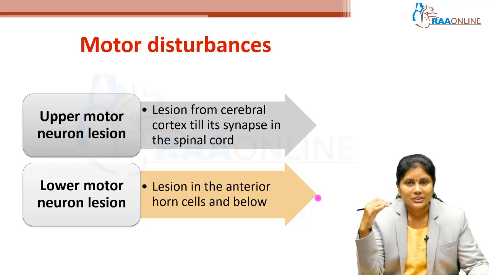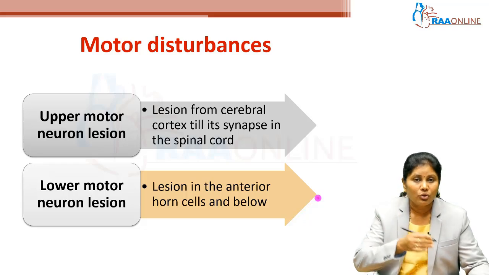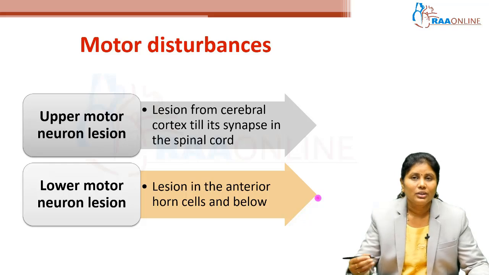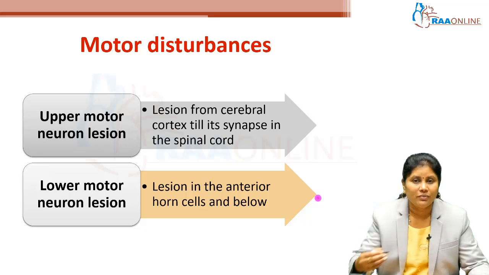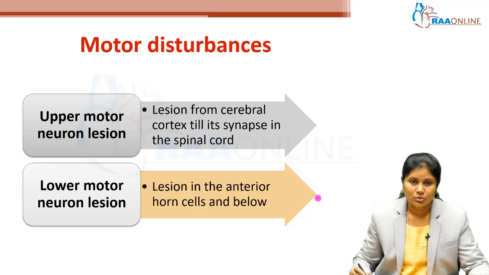Lower motor neuron lesion starts from the anterior horn cells and its nerve fiber course downwards. It may be present in the spinal anterior horn cells, or may be an injury to the peripheral nerve, or even an injury to the muscle itself. All these are lower motor neuron lesions.